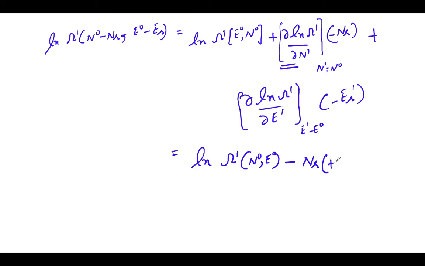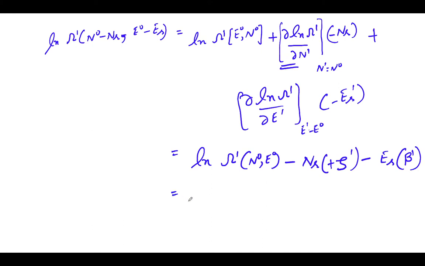This we can write as a value α, minus Es times ∂log Ω'/∂E', which we have derived is equal to β.